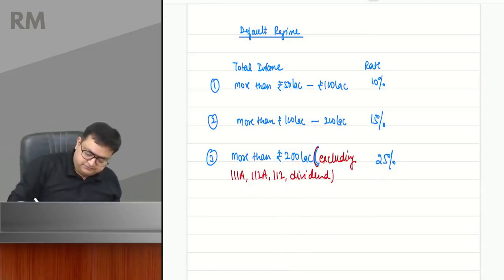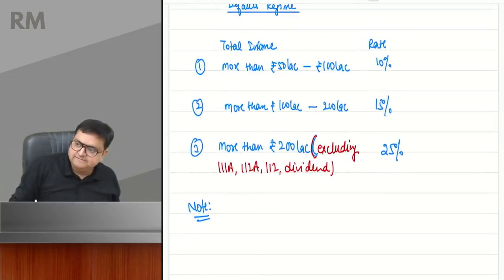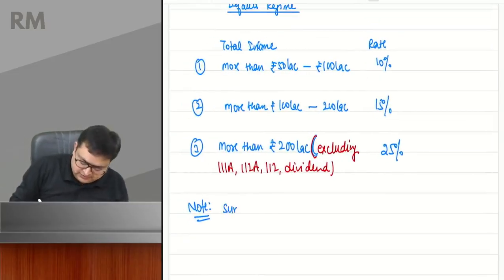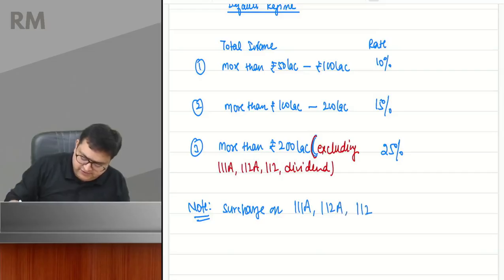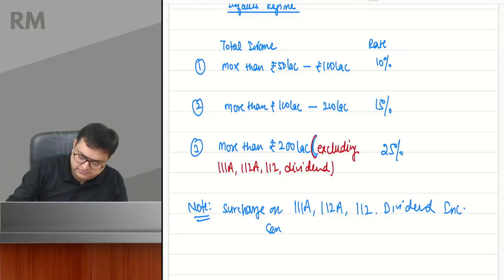Note, surcharge on 111A, 112A, 112 dividend income cannot be more than 15%.